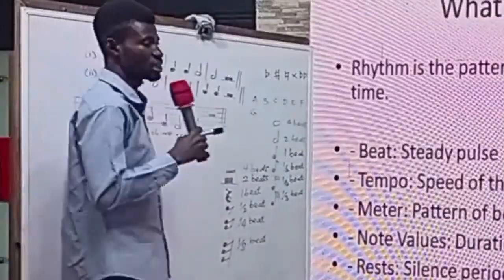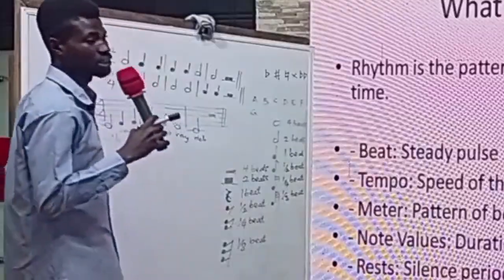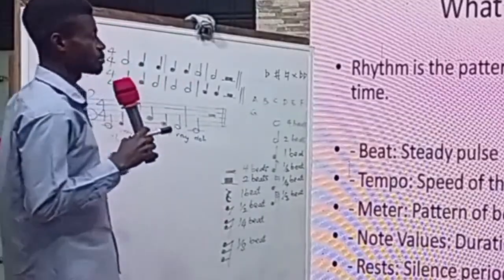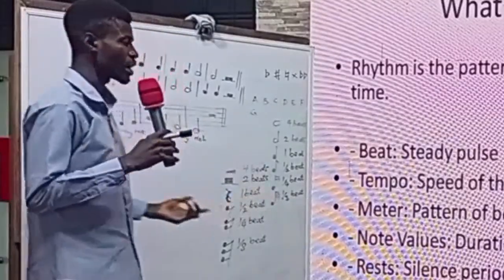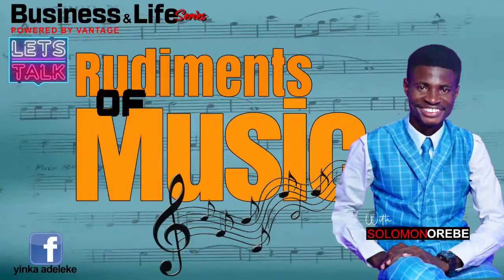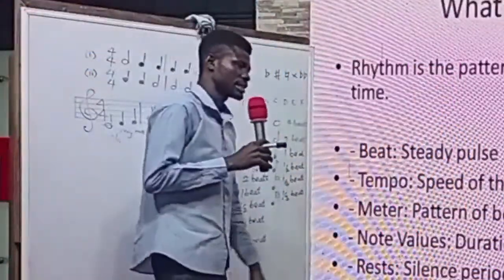It does not change the rhythm. It only changes the tempo. So tempo has to do with speed, how fast or how slow the music is. It is completely different from what we mean by rhythm. The beat is the steady pulse.